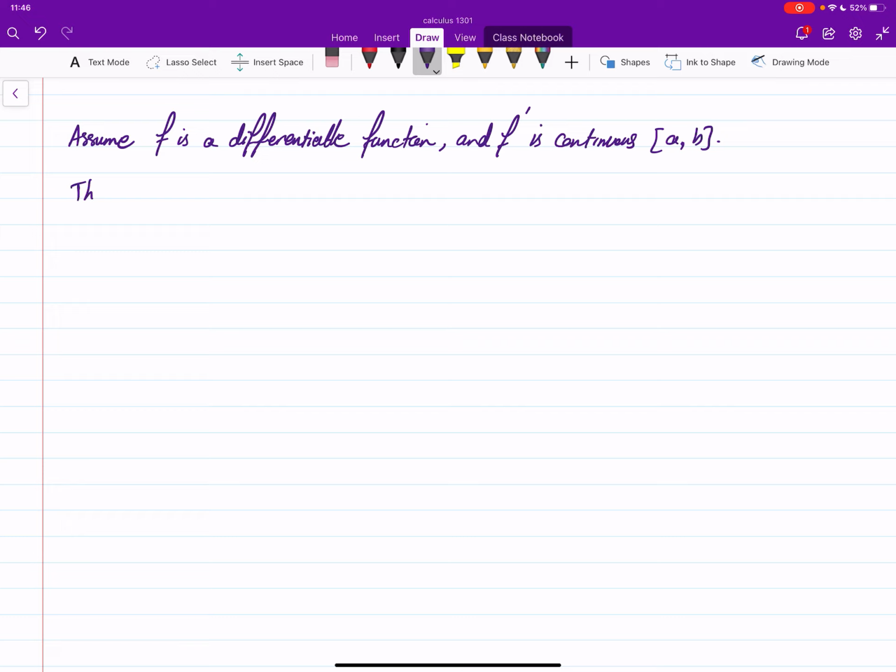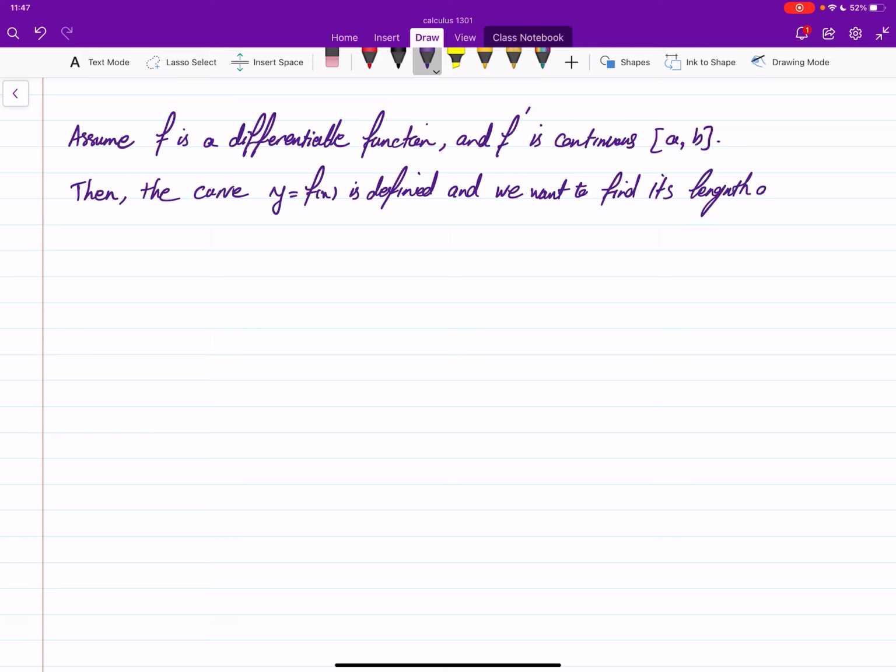Then we can simply define the curve y equals f of x. Basically, that is the graph of the function, and we want to find its length on this interval a to b.